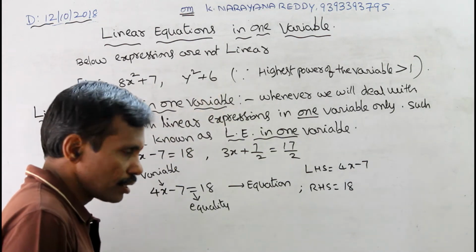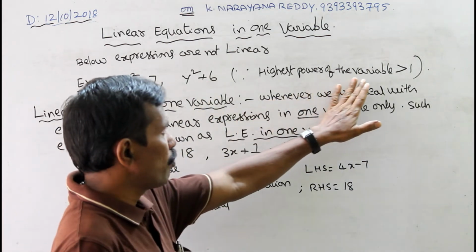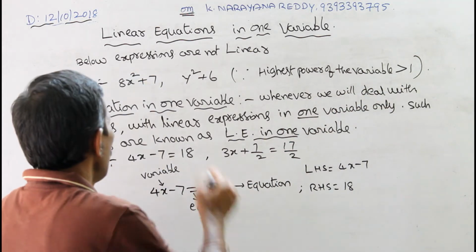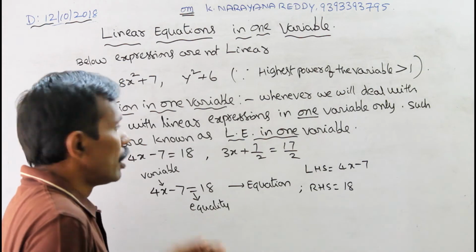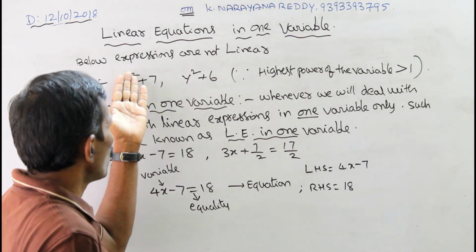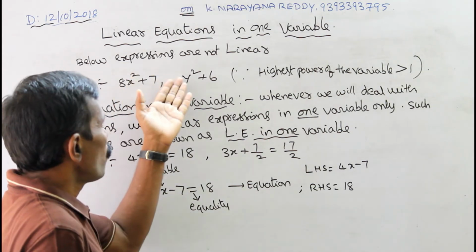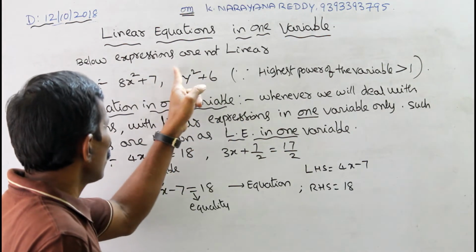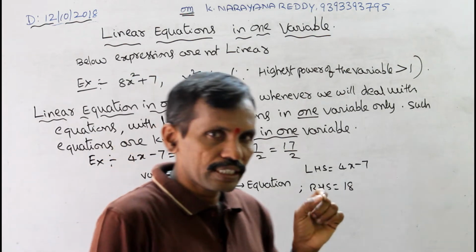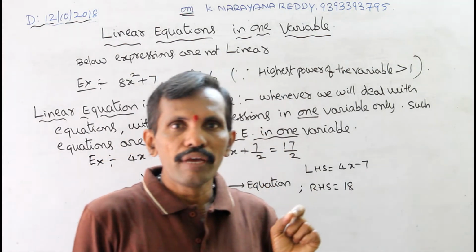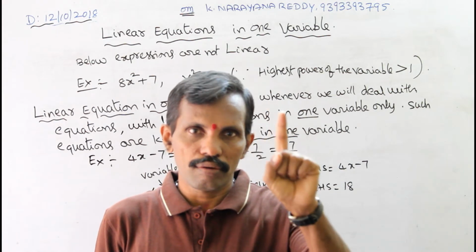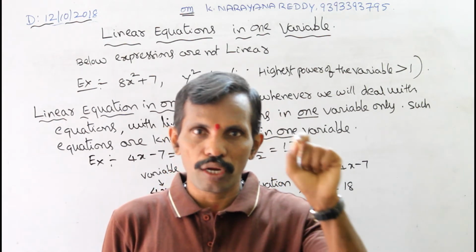Why? Because the highest power of the variable is greater than 1. x and y are variables, and the highest power is 2, which is greater than 1. That is why these expressions are not linear. What is the condition for linear? Always the power of the variable is 1, or the exponent is 1.